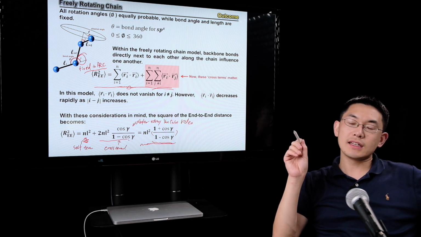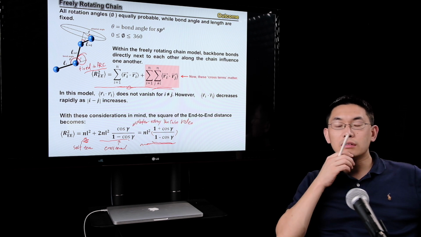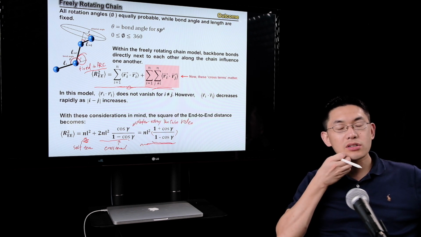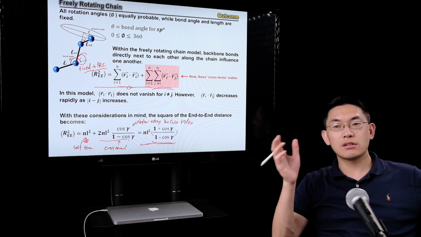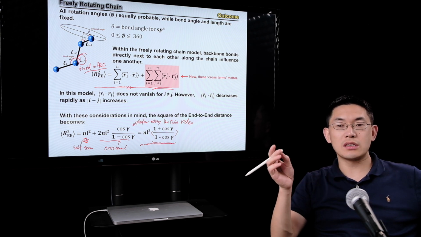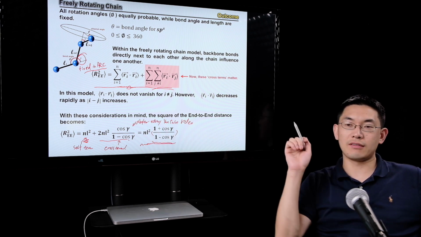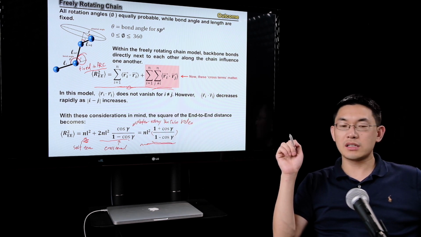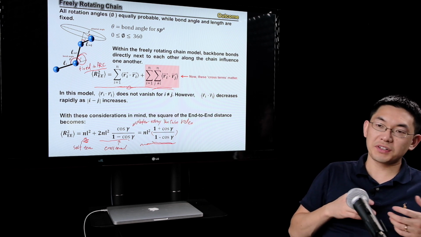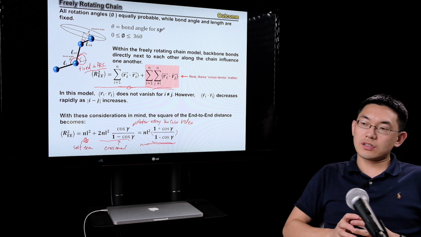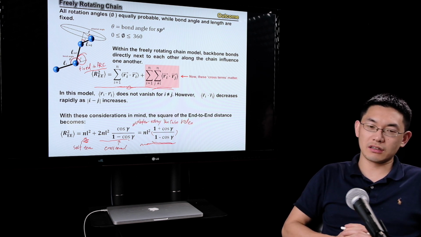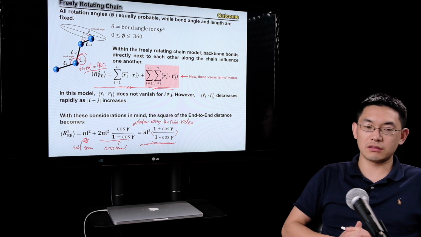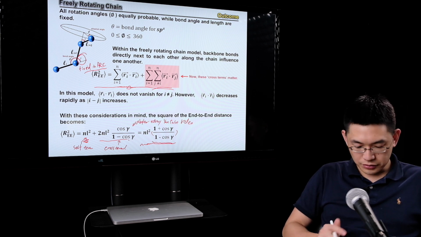What this means is that if you think about how increasing the number of bonds would impact your end-to-end distance, it still scales with n to the power of 1/2. So this finding is basically the same as for the free joint chain. In other words, the free rotation chain causes some expansion in the core size due to the fixing of an angle, but it didn't fundamentally change how the free joint chain works out.